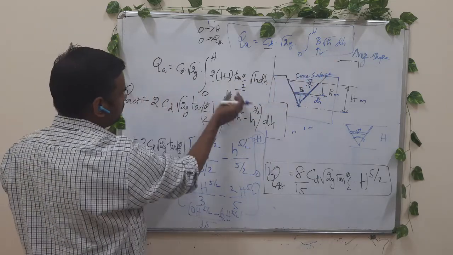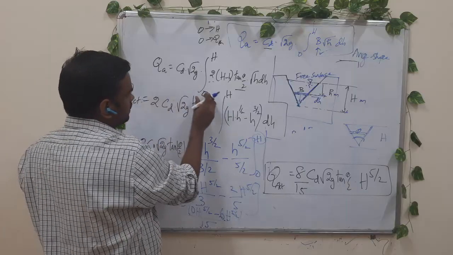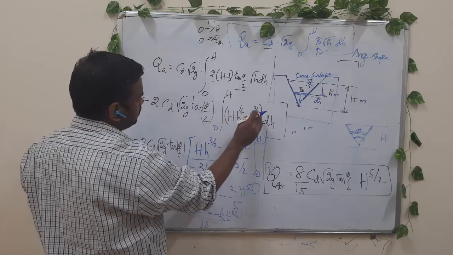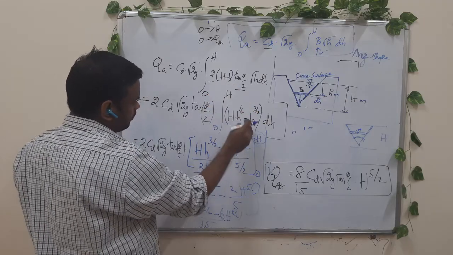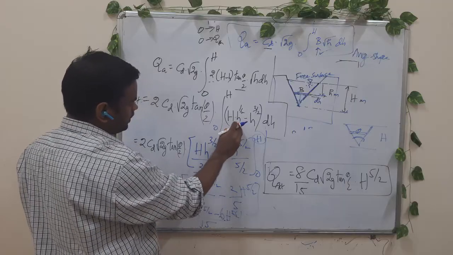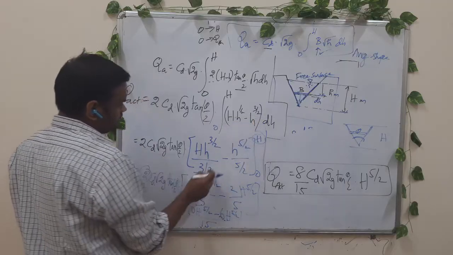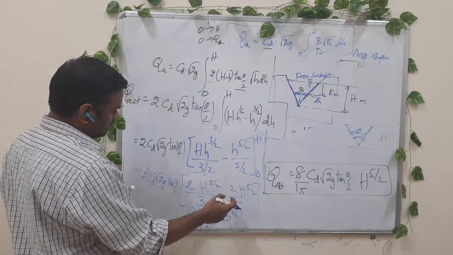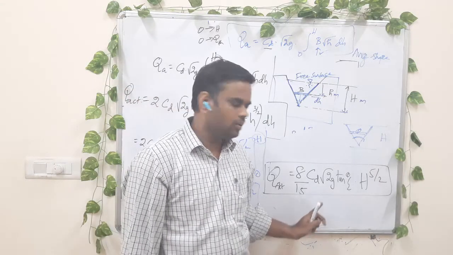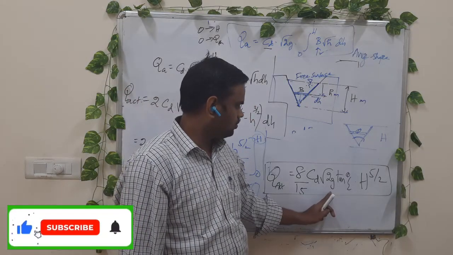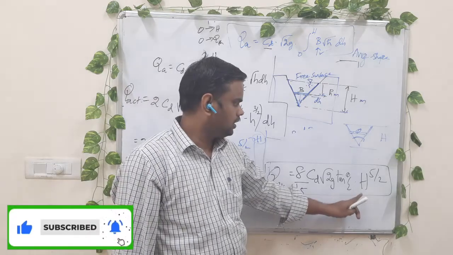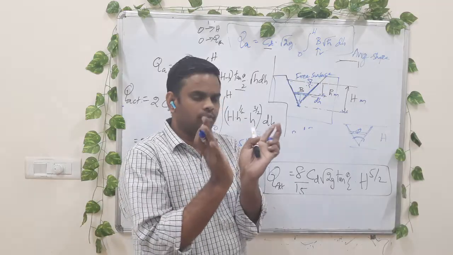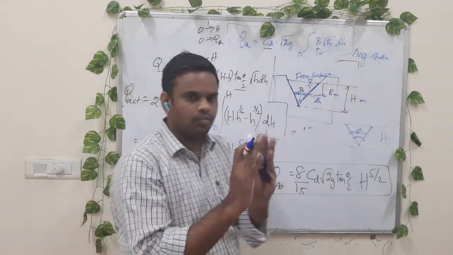So this 2 into tan theta by 2 can be taken outside the integral, and then integrating between 0 to h, after integration we get h into h power 3 by 2, h power 5 by 2, with the power values coming as the denominator. Simplifying, we get Q actual equal to 8 by 15 CD into square root of 2G into tan theta by 2 h power 5 by 2, where theta is the angle of the V notch. So we can see the effect of the angle also from this.